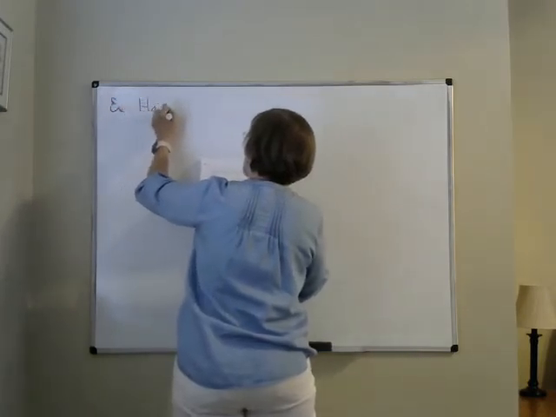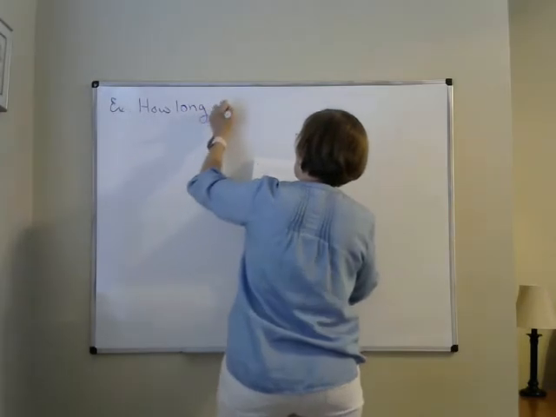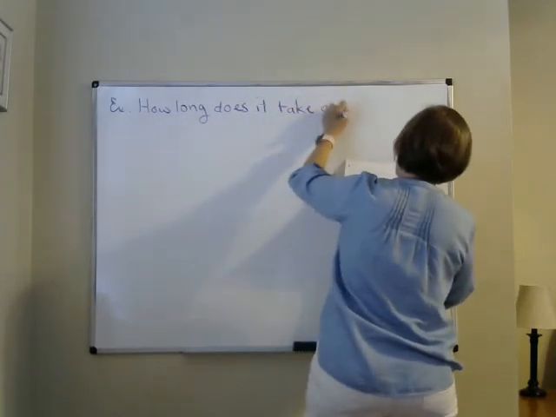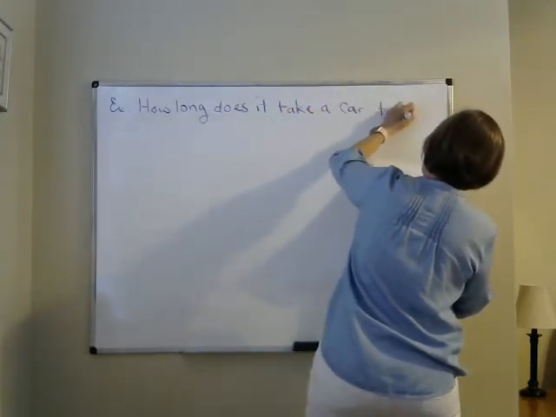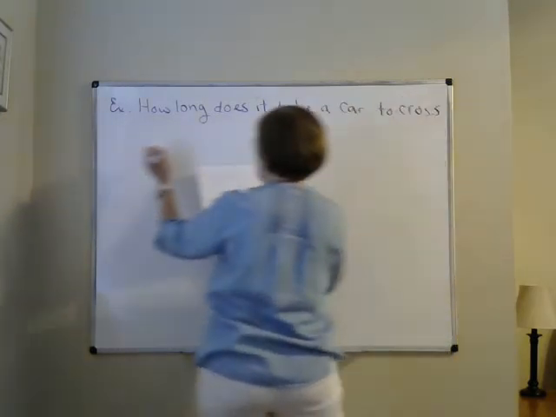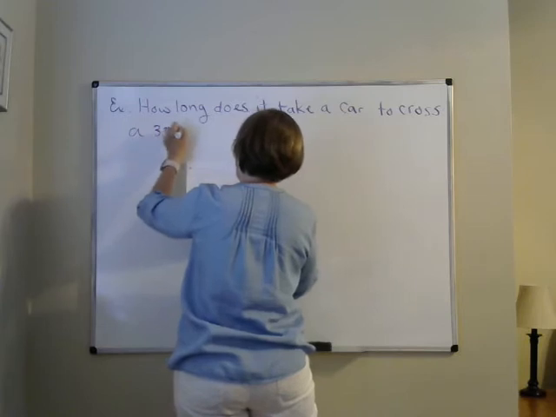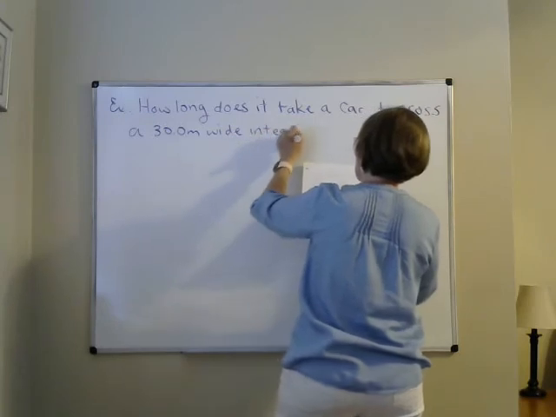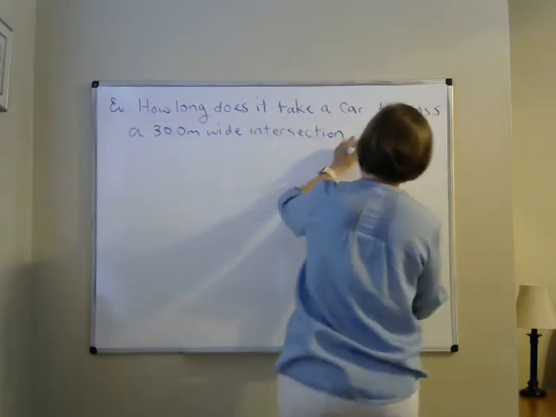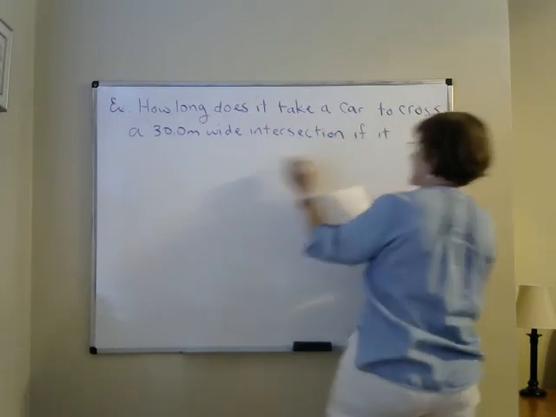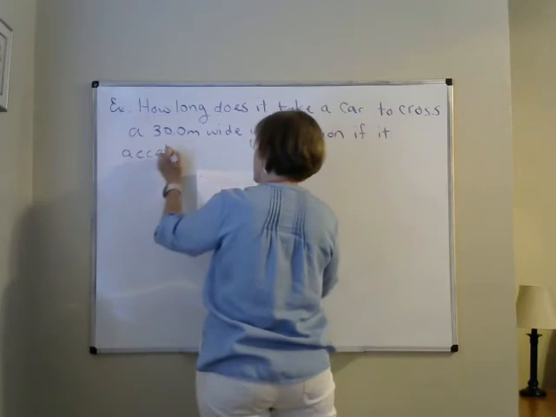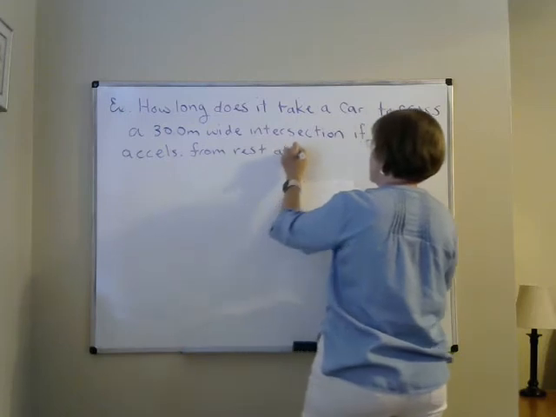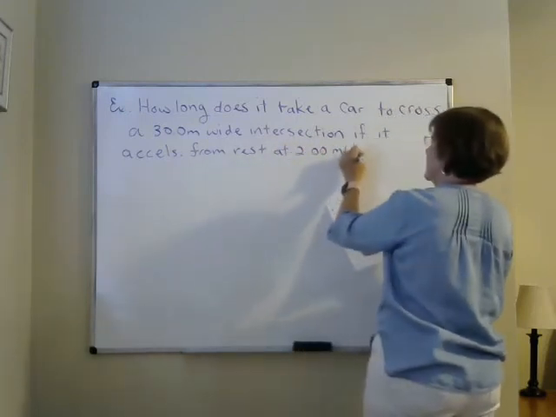How long does it take a car to cross a 30-meter wide intersection if it accelerates from rest at 2 meters per second squared?